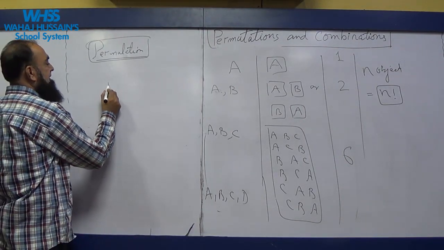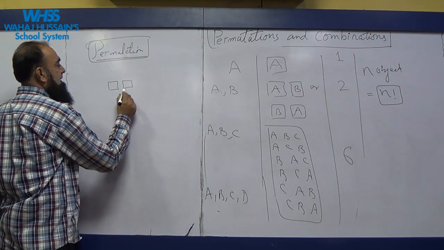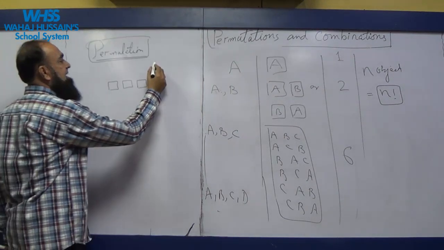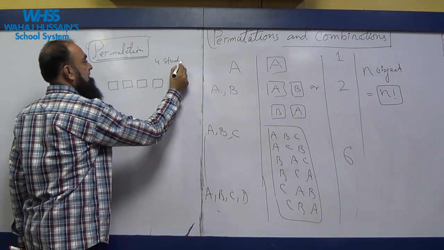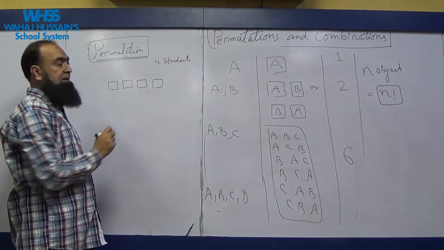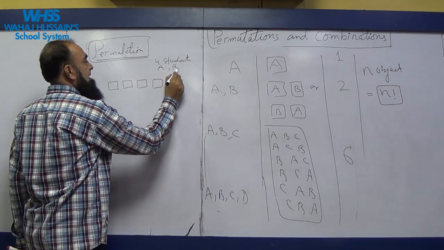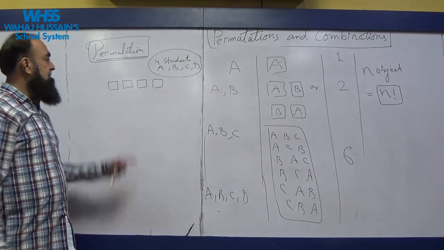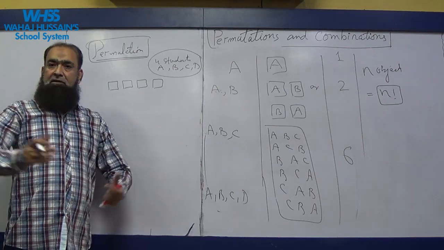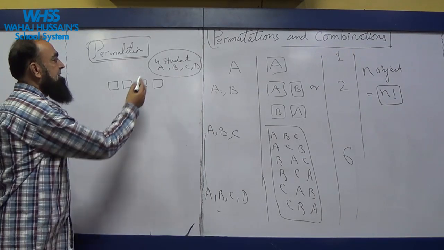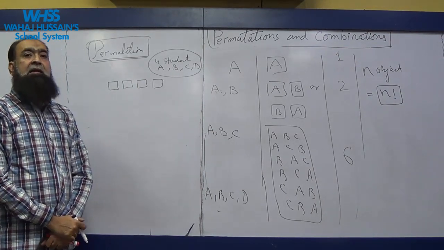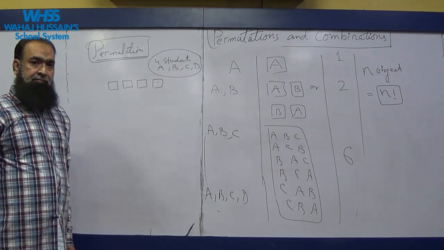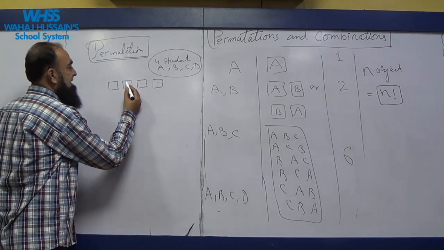Suppose we have 1, 2, 3, 4 chairs and 4 students are there, named A, B, C and D. I call one student at a time. Suppose I call A and I tell him to sit on one of these 4 chairs. Suppose he selects this one.